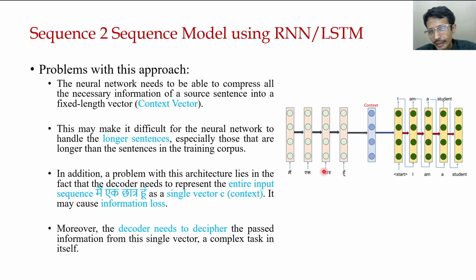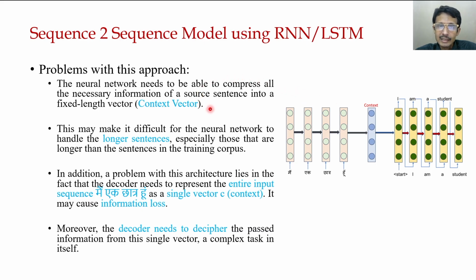So this neural net should be good enough that the individual inputs are somehow incorporated in this context so that the decoder can take it.